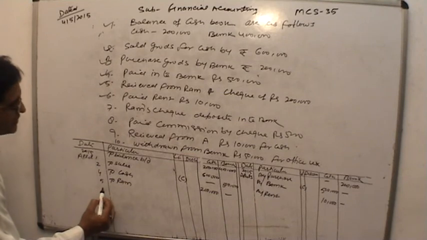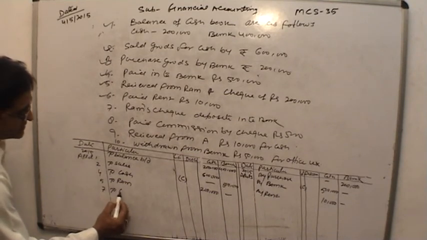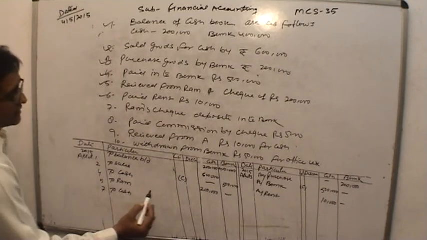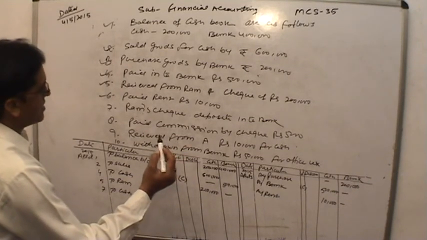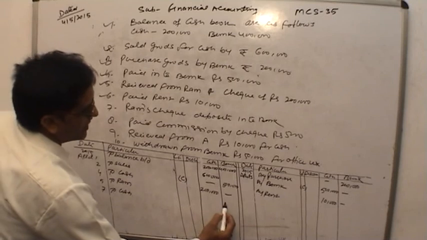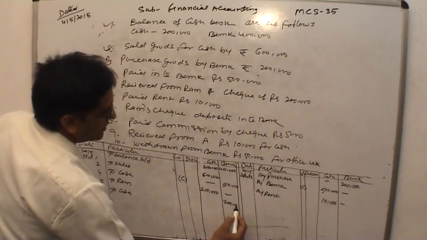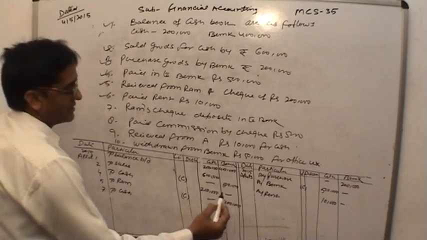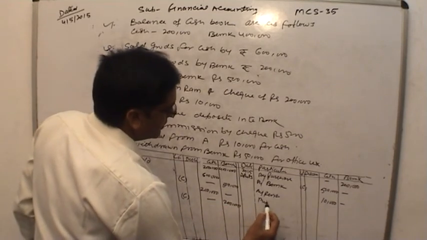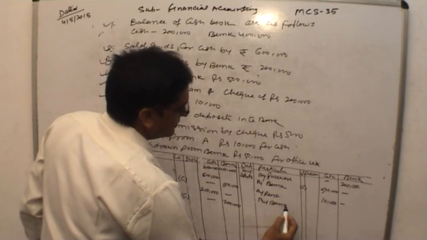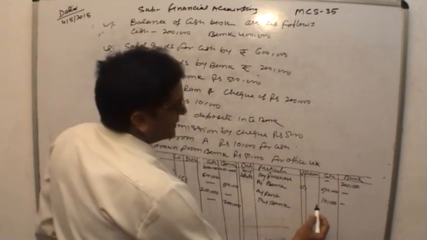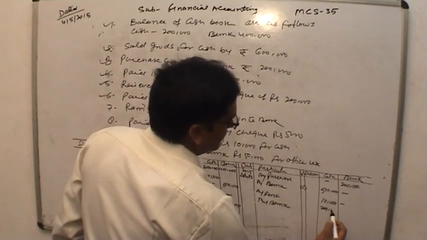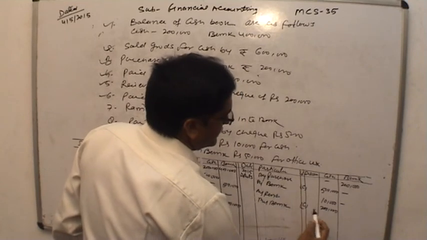So the same entry is done: to cash, 2 lakh in the bank column, written here LF C, and at the same time by bank, rupees 2 lakh in the cash column, written here C.